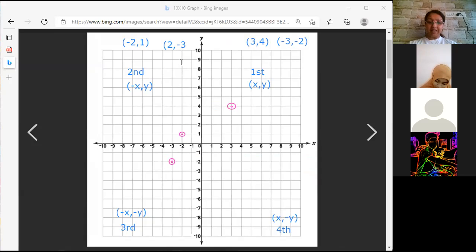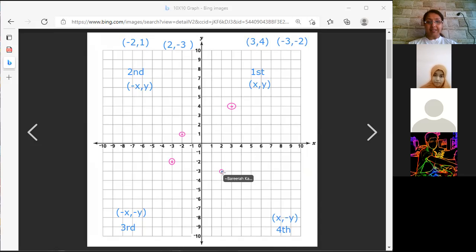Can anybody annotate it for me? Yeah, I can. Yeah, please do the annotating. Two and minus 3. Yes, you're right. So I marked the point that Barira has marked.